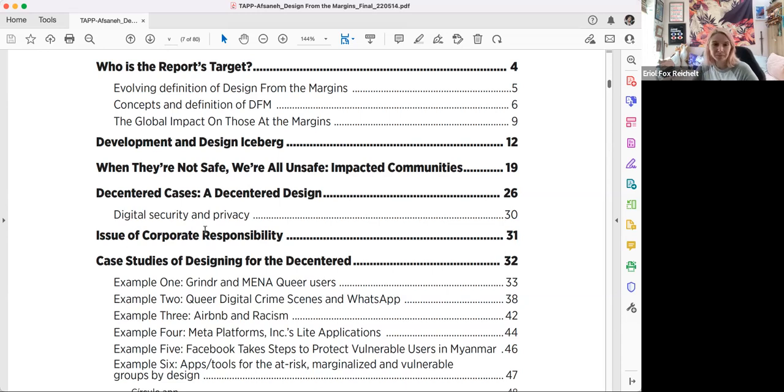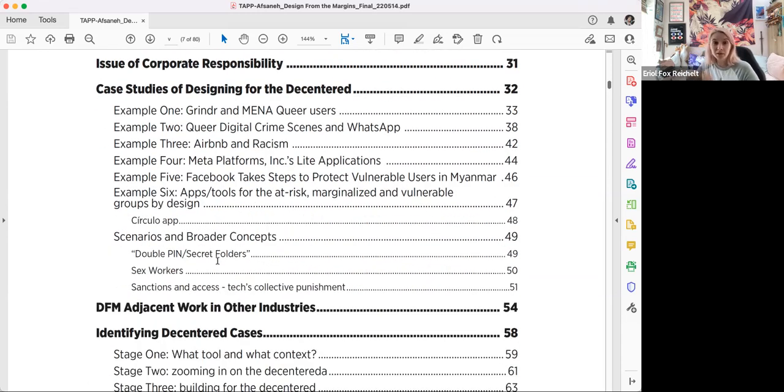Anyway, they then go into some other use cases that I was really happily surprised about, that were not big, high-profile sounding things with memorable names like Meta, Facebook, Airbnb, all those kinds of things in the other case studies. There was some detail about smaller organization efforts for different tools and apps that have come out of some of the decentered communities, or some of the needs from those communities, in terms of what a tool should do, or what a feature should include, as opposed to this tool exists.